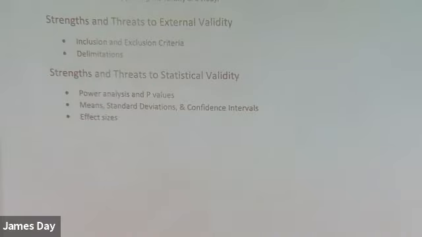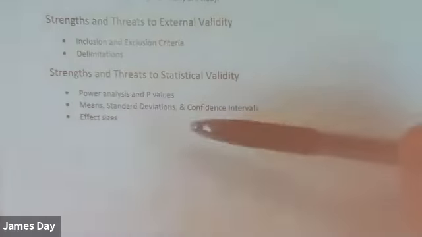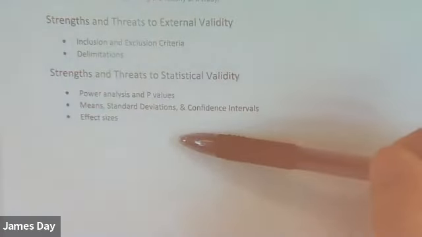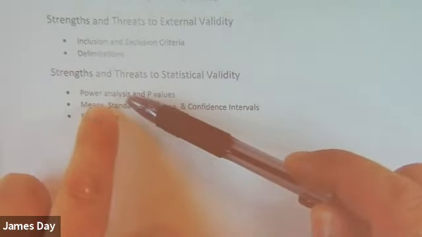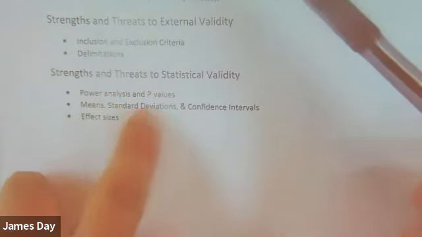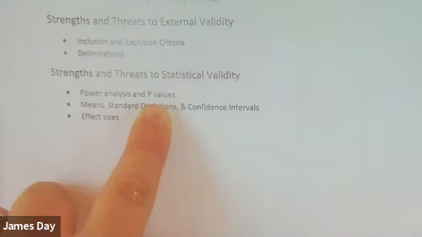So a power analysis is performed to determine how many subjects would be needed to have statistical significant differences at the a priori or beforehand p-value. So basically you're looking, did they perform a power analysis and report it out? And then did they select an appropriate p-value?